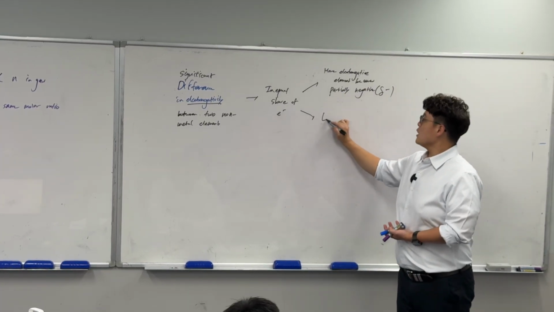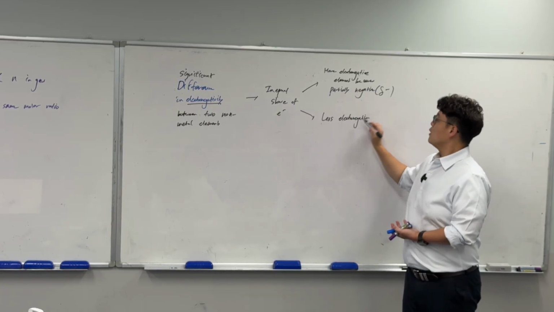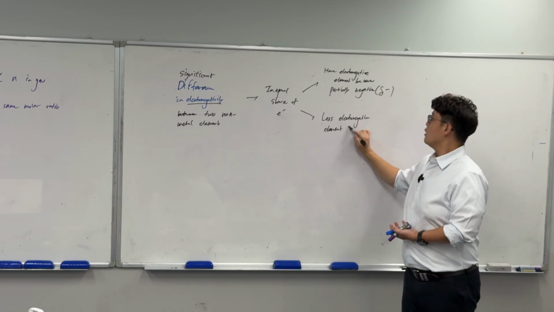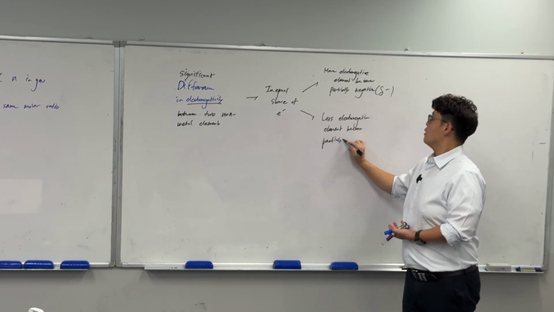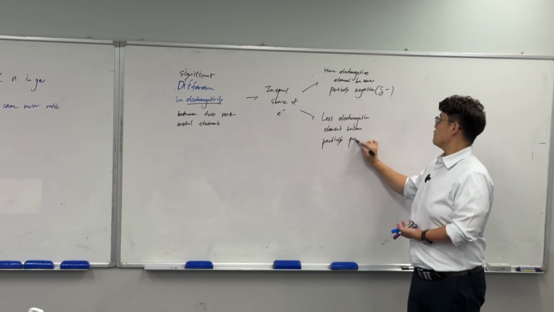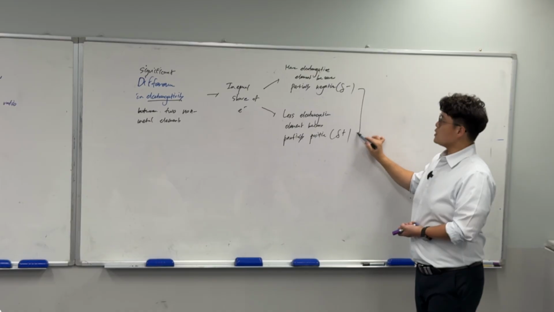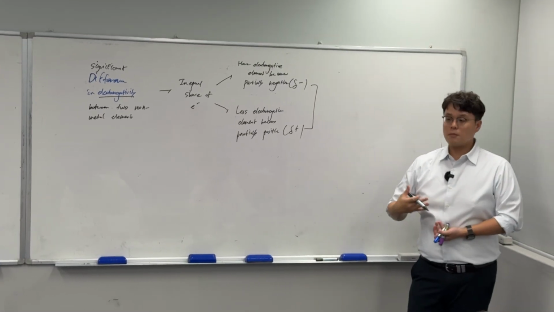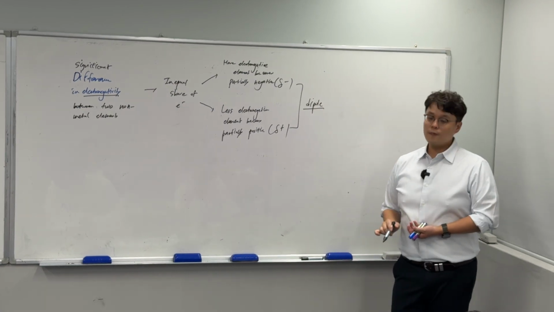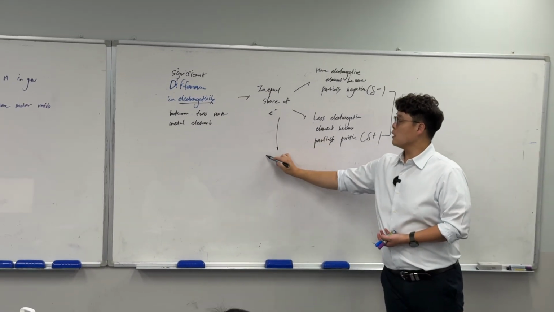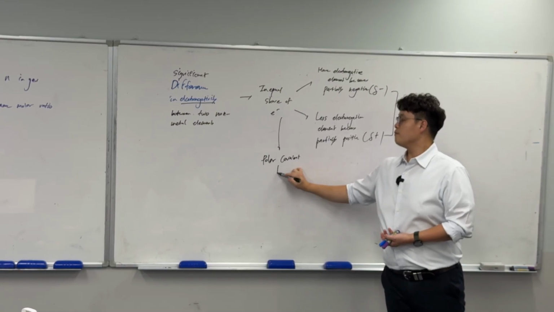The less electronegative element becomes partially positive. Partially positive like this. Now having these two, having the partially negative and partially positive, we call that dipole. And the bonding is now known as the polar covalent bonding.